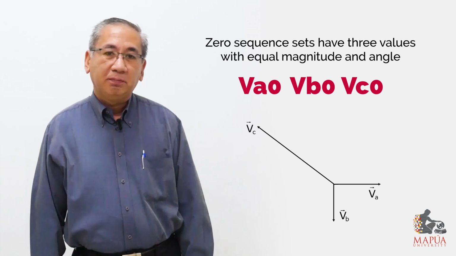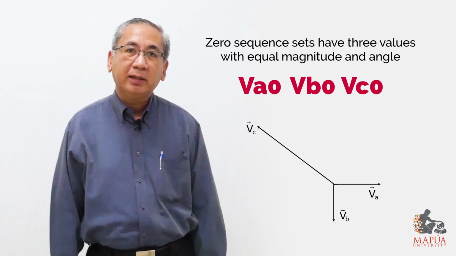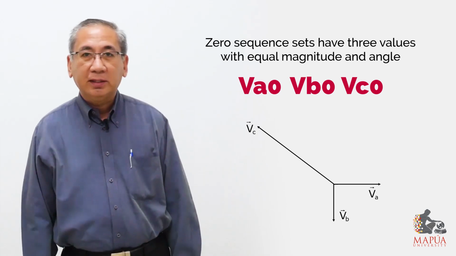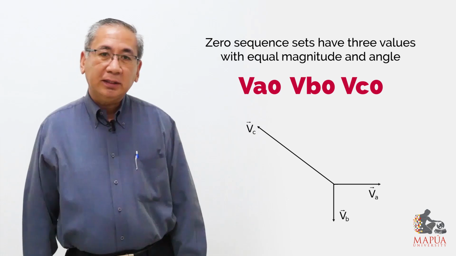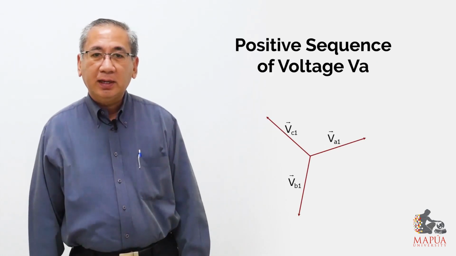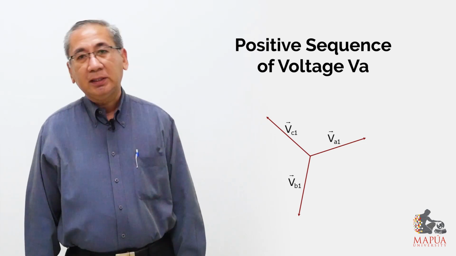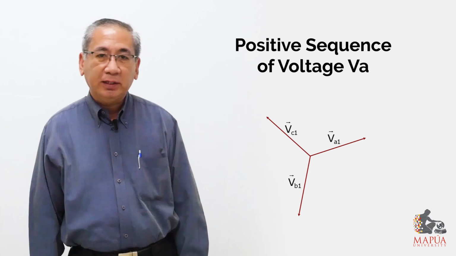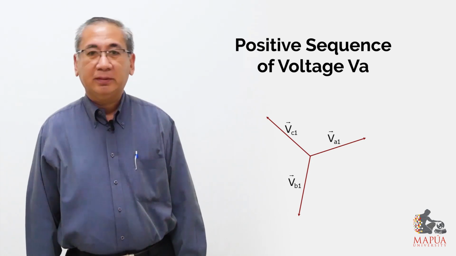They are phase voltages that are unbalanced, unequal in magnitude, and they are not 120 degrees apart. Decomposing this into three sequence networks, for the positive sequence network, we have VA1 leading VB1 and VB1 leading VC1, and all these are equal in magnitude and 120 degrees apart.